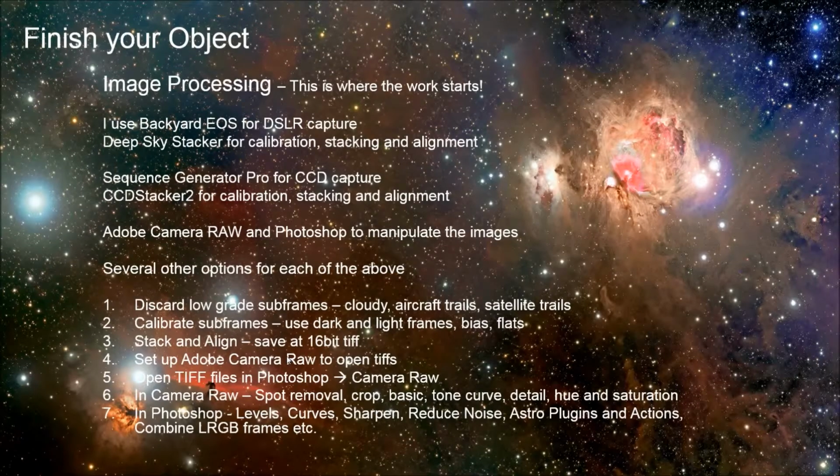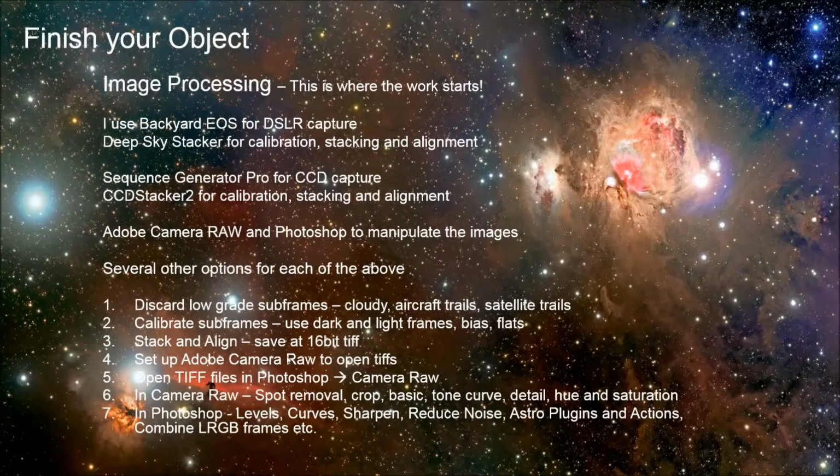Speaking of stacking, I've done another video on Deep Sky Stacker, which is a free stacking program that works with both DSLR and CCDs. So look, next step now that you've captured the data and all your calibration frames is then to go and stack the data and process it. For my DSLR stuff, I use Backyard EOS for DSLR capture.